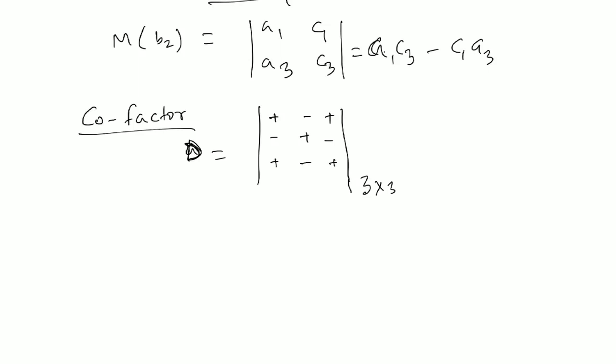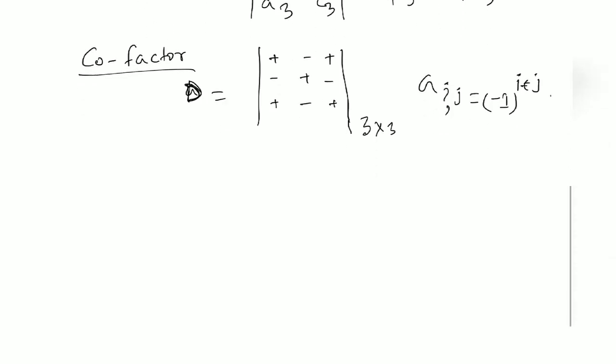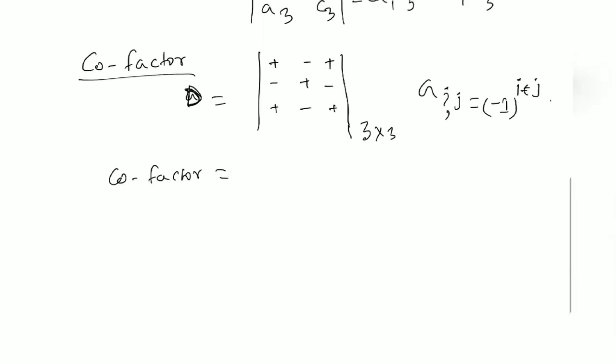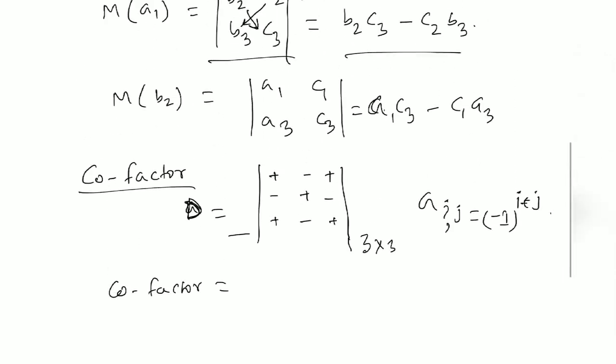How is this determined? It has a formula, where i is the row and j is the column, and we determine the sign by minus 1 to the power i plus j. Hope you understand.